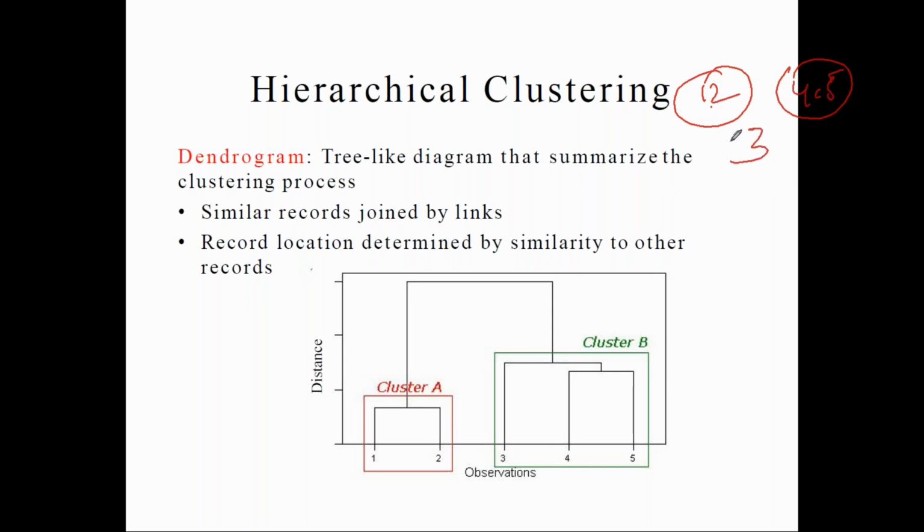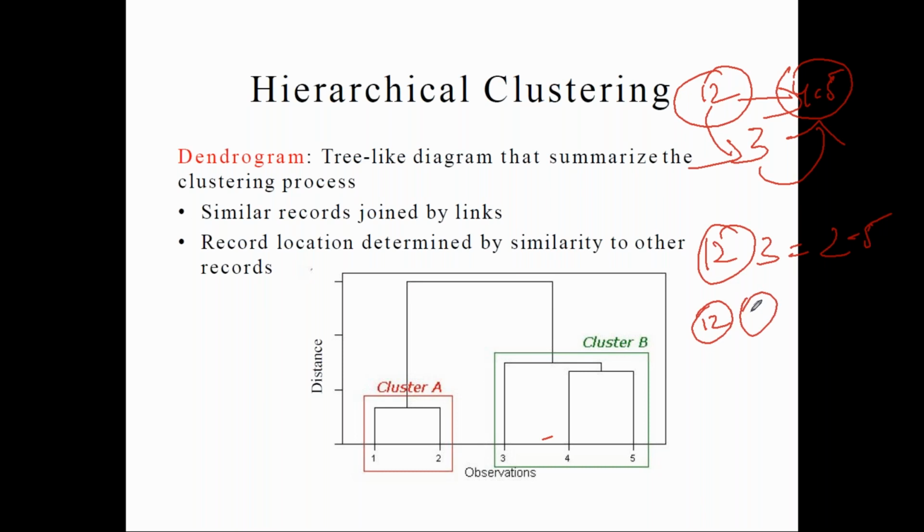You'll calculate the distance between this and this, then between this. You'll find that 3 and 4, 5 is close to each other. Between 1, 2 and 3, you are getting 2.5 something, for example. Between 1, 2 and 4, 5, you are getting 2.2. And between 3 and 4, 5, you are getting a distance of 1.5.